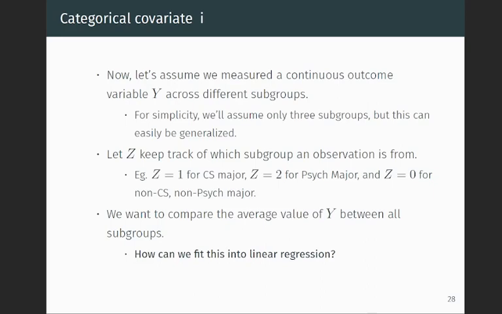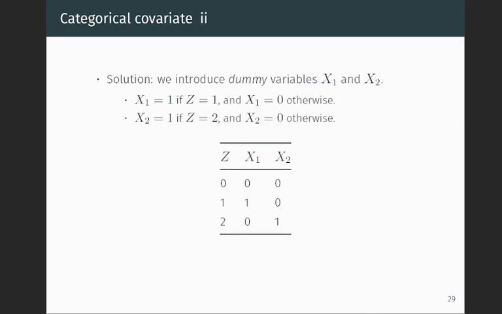The solution here is to introduce what we call dummy variables. And what the dummy variables will do is they'll keep track of the values of z. So we'll define x1 such that it's equal to 1 if z is equal to 1, and 0 otherwise. And then similarly, we'll define x2 equal to 1 if z is equal to 2 and 0 otherwise.